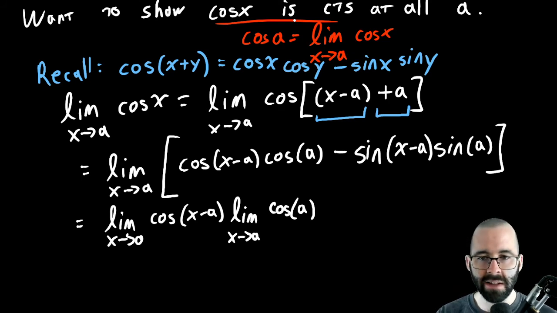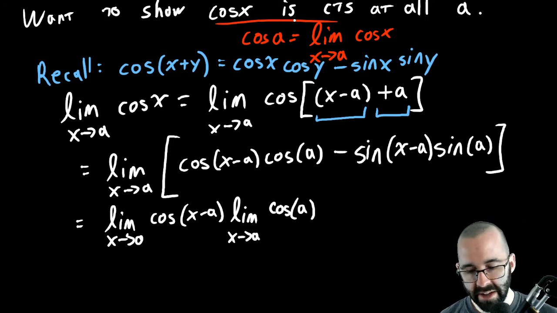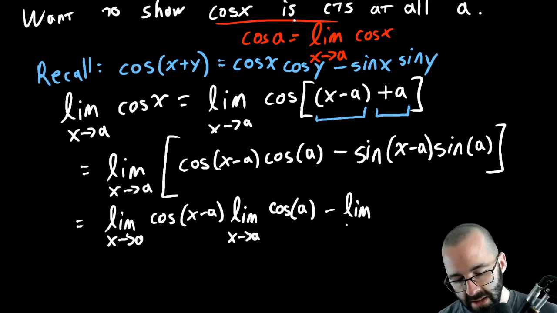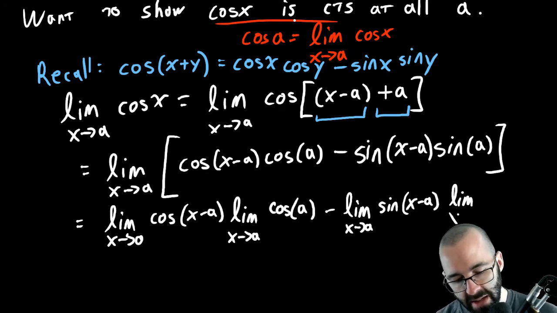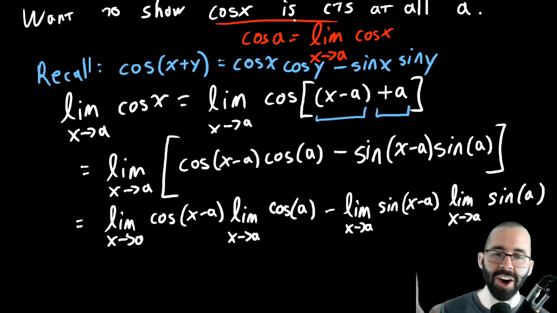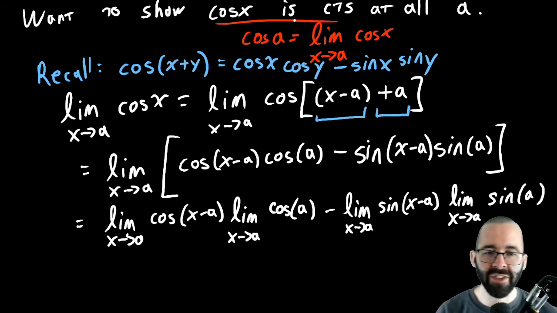As long as these limits exist, and we'll show that they do, this is valid. Minus the limit as x approaches a of the sine of x minus a, times the limit as x approaches a of the sine of a. So we have 4 limits. We started with 1 limit, and now Jason's giving us 4. 2 of these limits are really easy, and 2 of these limits are very similar.